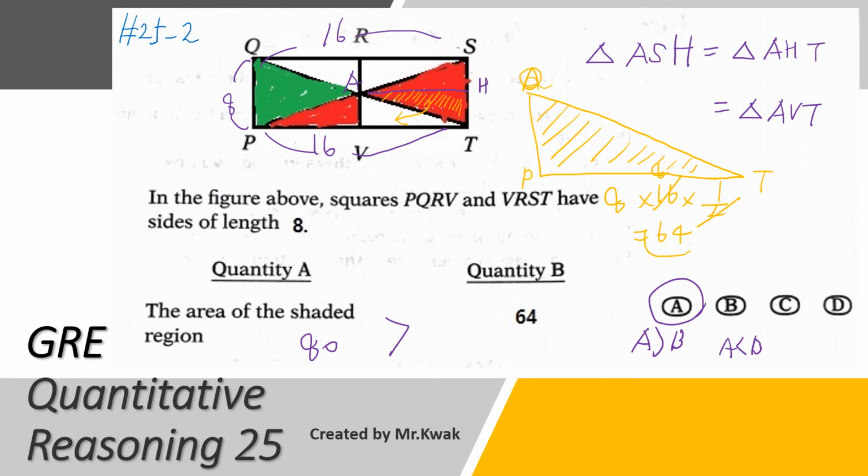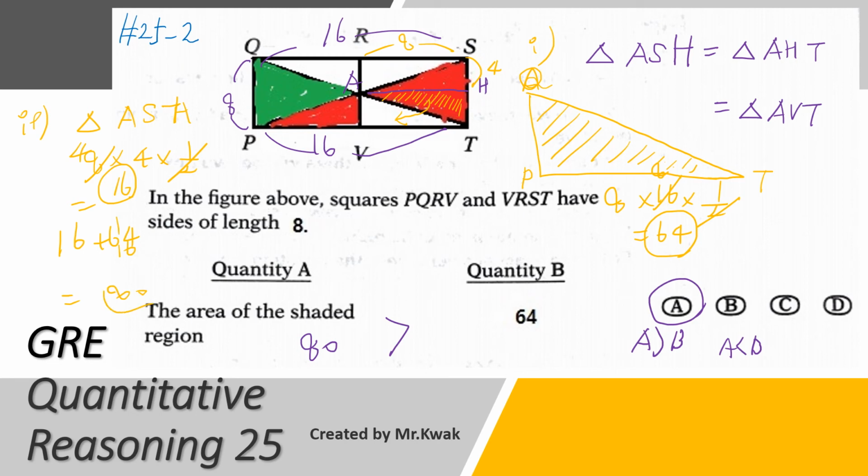Then this part's area we can get really easily: 64. And then we can just think about part 2, area AST. So 4, 8. In that case, again, 4 multiplied by 4 divided by 2 is 16. In that case, 16 plus 64 equals 80.